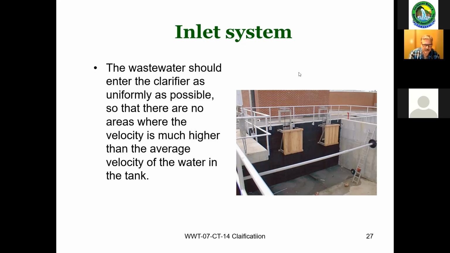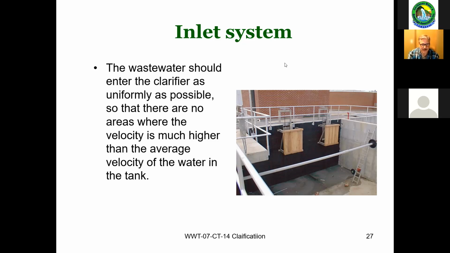Circular, rectangular. Circular. Okay. Anybody deal with rectangular clarifiers? So I don't hear any answers on that.